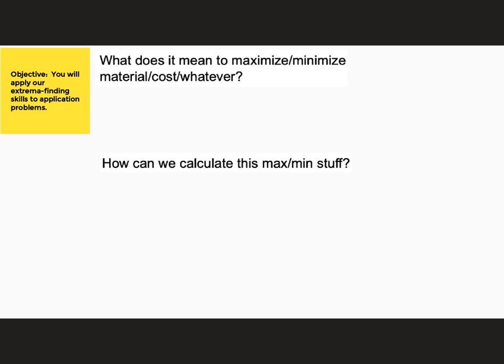cost, or whatever? Well, so for example, if I think of water bottles, there have been some companies that have claimed that they have reduced the amount of plastic used in the bottle for environmental purposes. So they've tried to minimize the amount of plastic they've used, so the volume of plastic that they've used.